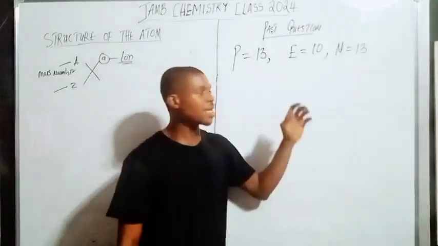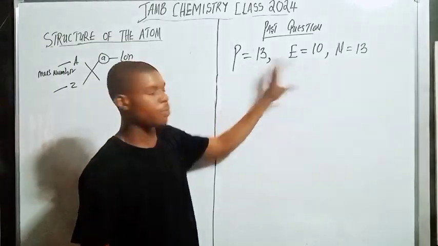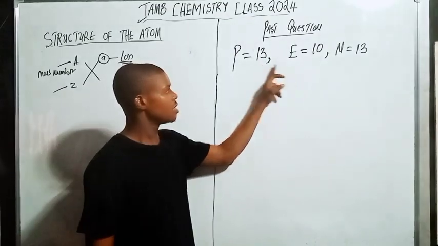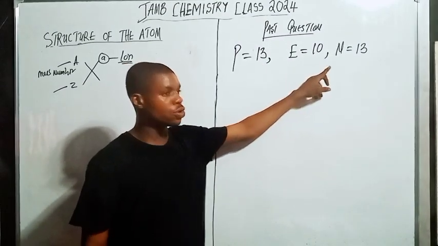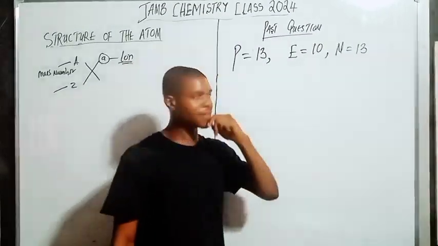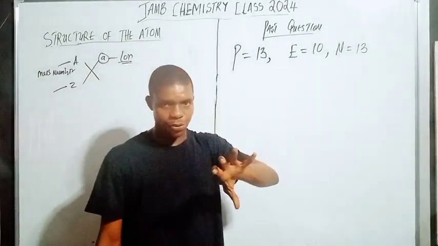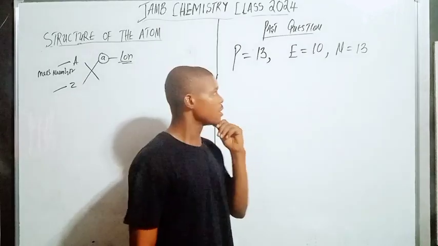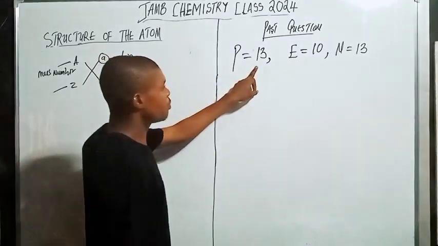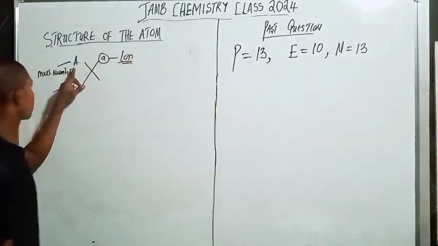So let's see if I can give you one for you to try. Now, if for example you are given this one here: proton number is 13, electron number is 10, neutron number is 13. They're now asking, write the ionic symbol, right? So we know that proton plus neutron gives the mass number.